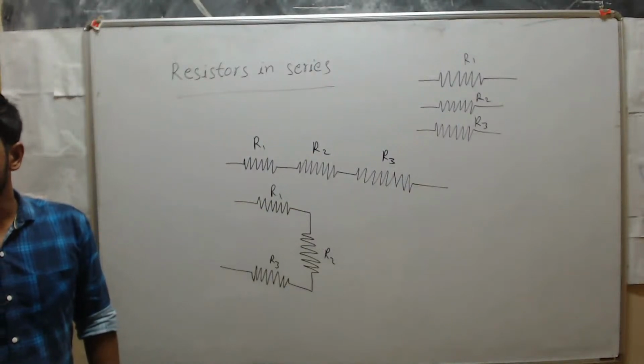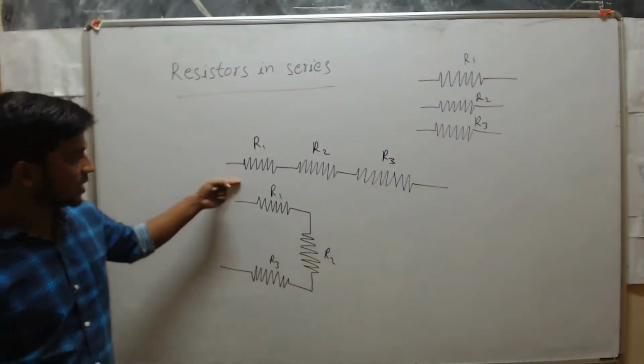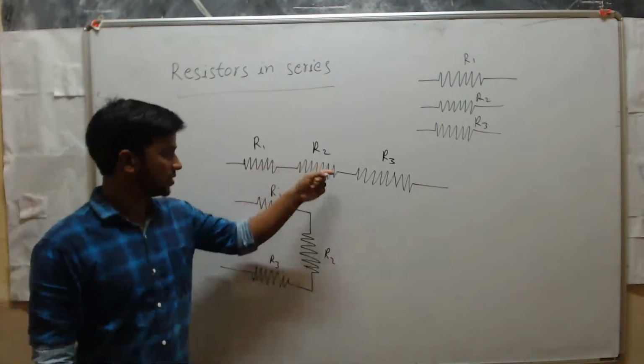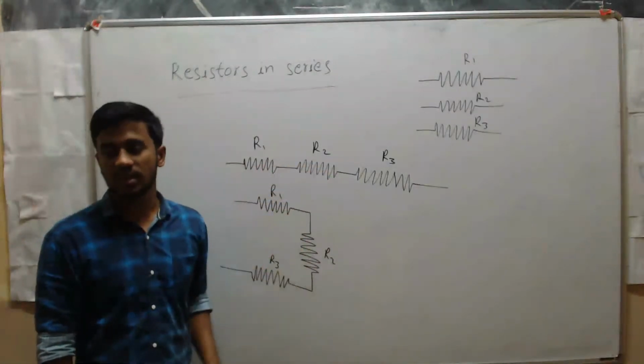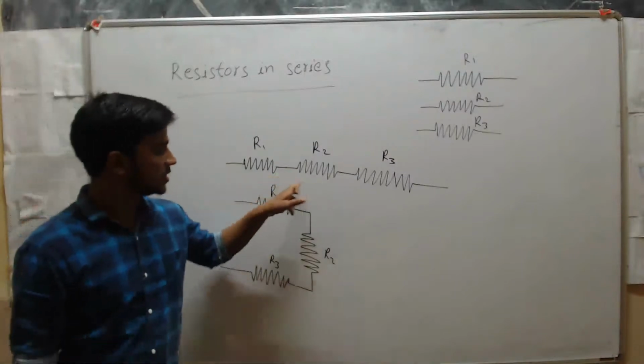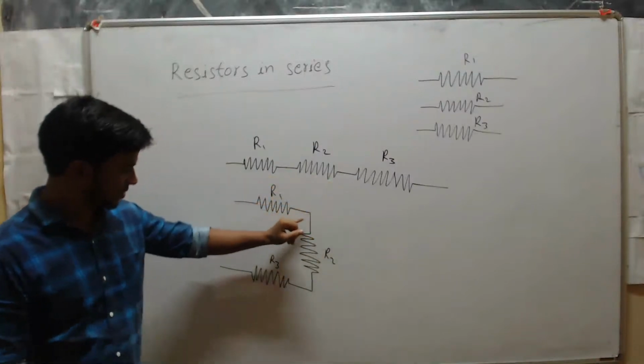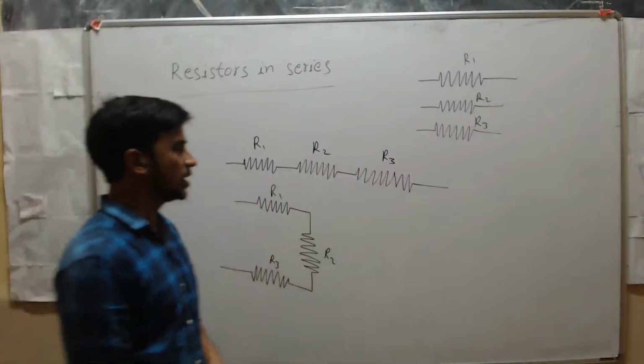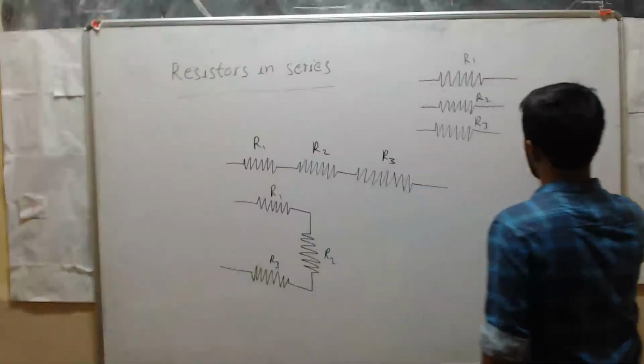So it's clear, right? What is series? When you connect the ends of the resistors like this and like this, then we can say that these resistors are in series. It is just like a straight line, or like one square or rectangle, or you can draw it in a circle shape also.